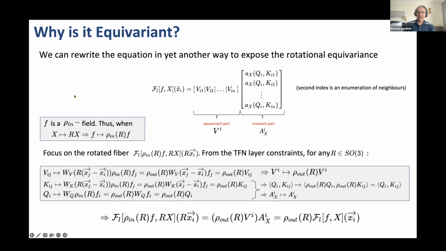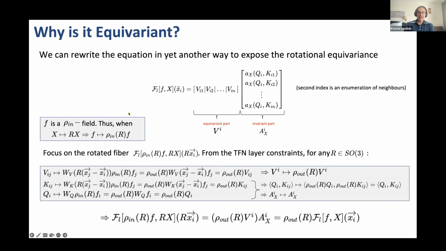The reason we write this rho is that rho is equal to 1 if the F is scalar. But here, all the intermediate channels are higher than scalar tensors. They can be vectors, in which case we have the standard rotation representation, or they can be higher order values. Like one of them can be, for example, the vector of spherical harmonics, where we need the corresponding representation.